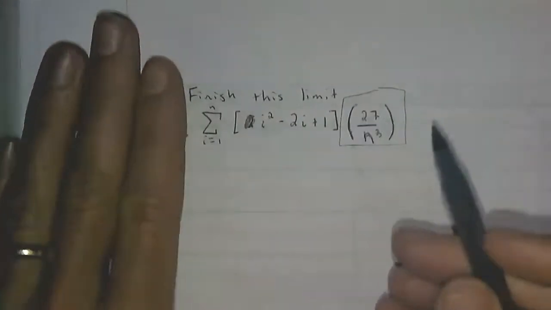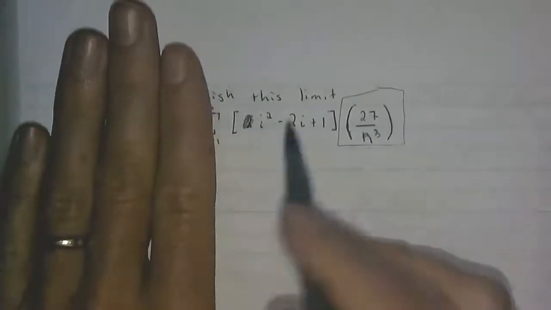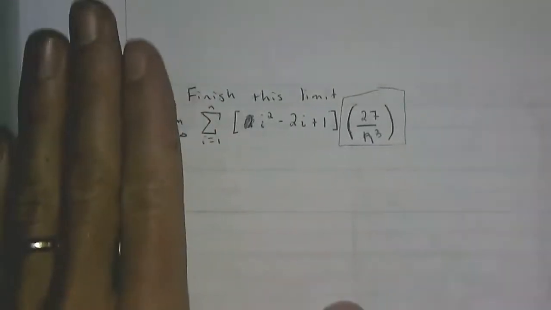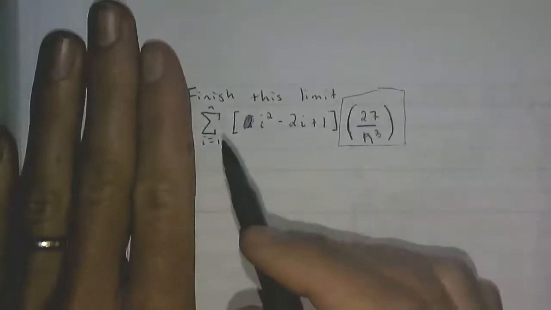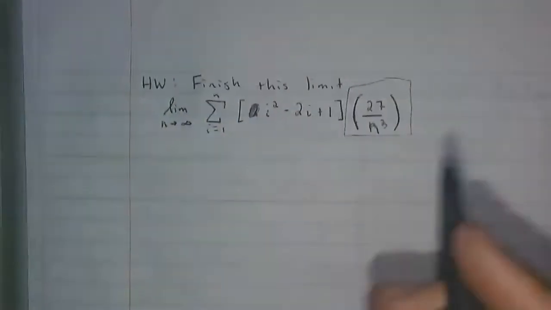So we could do it that way, where we just keep it in here for every term and then factor it out, or we can just do it at the beginning. And so that's what we're going to do.